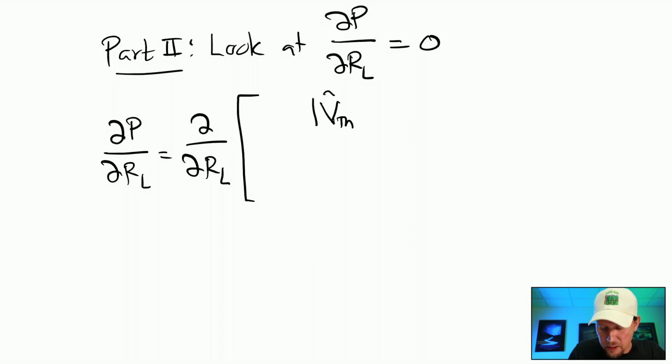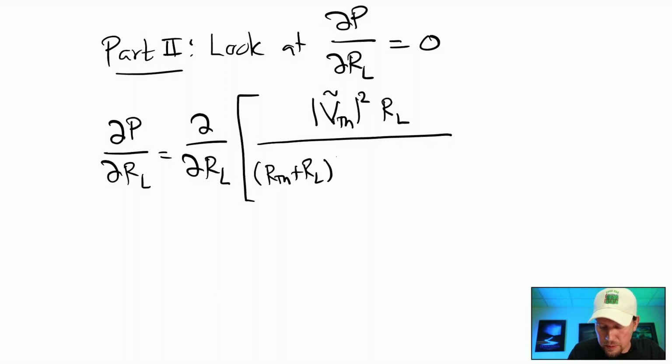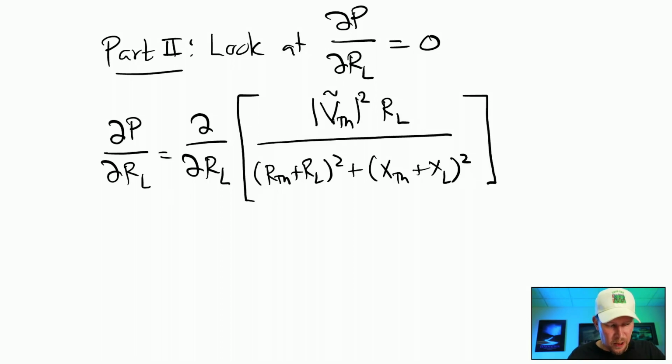It's the Thevenin voltage magnitude squared, times the load resistance, divided by, in the denominator, the sum of the Thevenin resistance plus the load resistance, squared, plus the Thevenin reactance plus the load reactance, quantity squared. And we wanted to take this partial derivative.